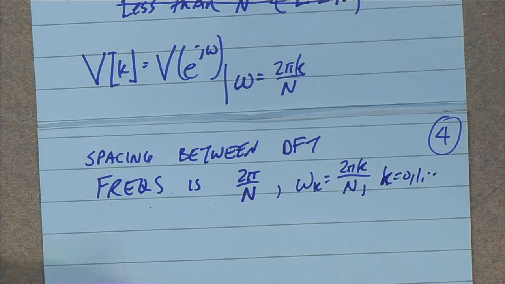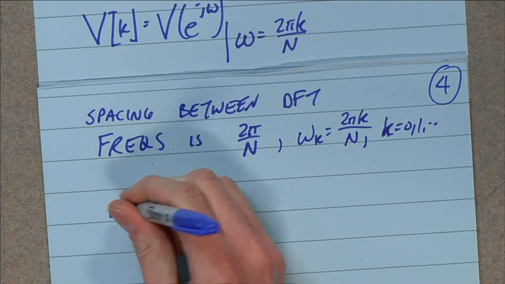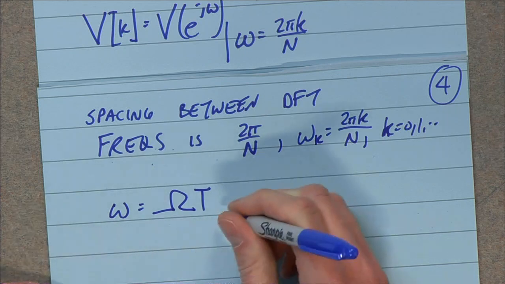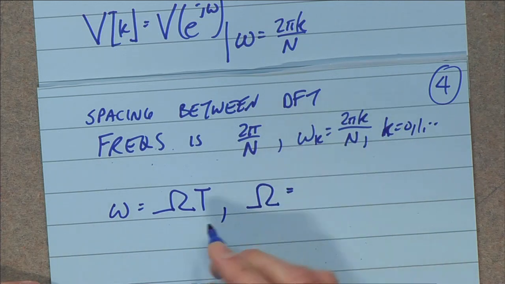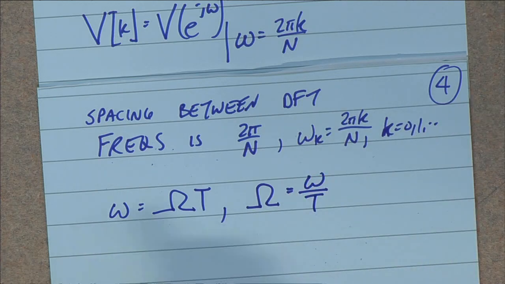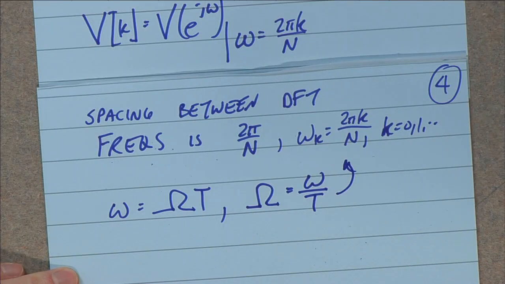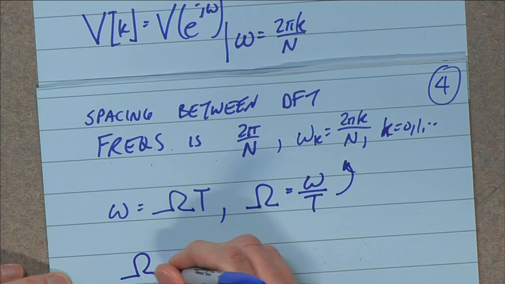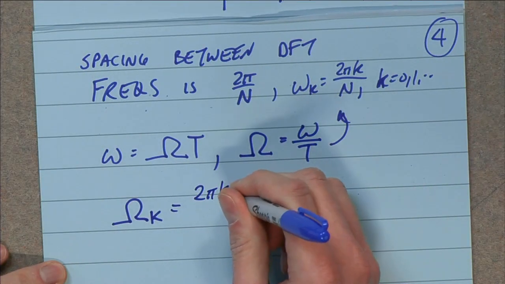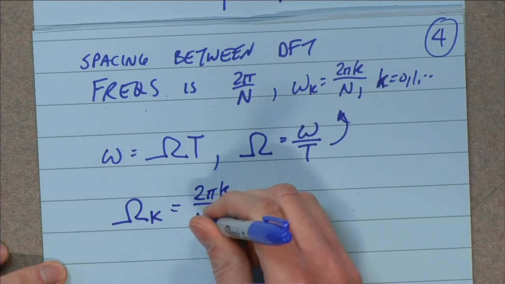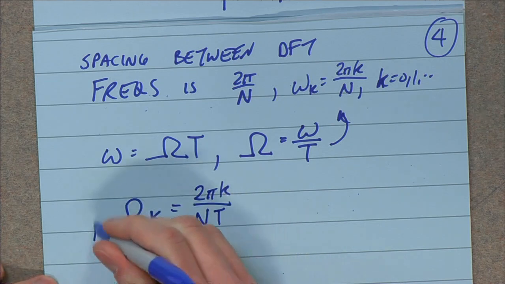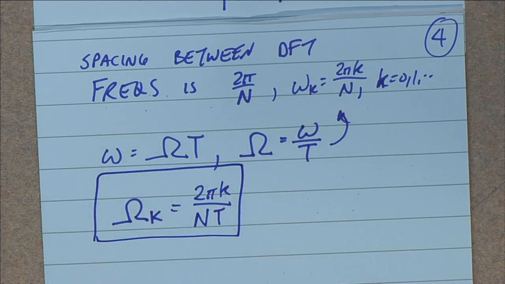But remember our favorite formula for relating these two: little omega is just a scaled version of capital omega times T, or we can write capital omega is little omega over T. So if we look at how that impacts that formula, the spacings of capital omega k is going to be 2 pi k all over N, but all over T. So you end up with the spacing equivalence.